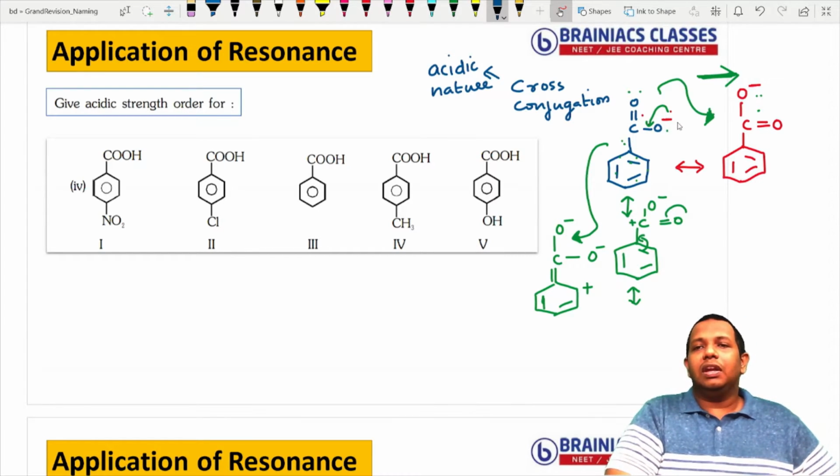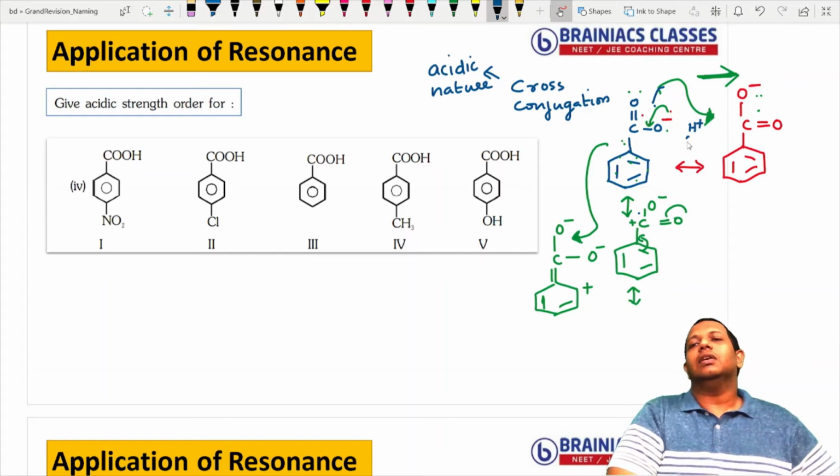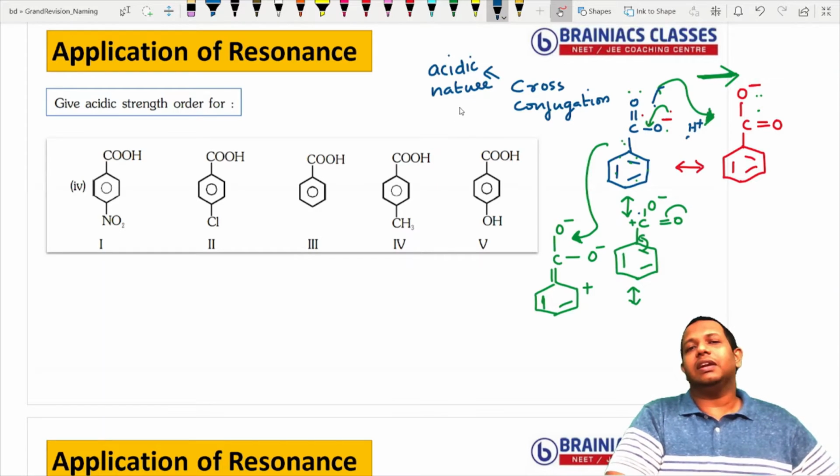Because if it exhibits resonance only in this way, it can release the H plus and it can become more stable like this. But since it can exhibit resonance also in this way, the stability of this species is less than this. So as a result of this resonating form, its stability is decreasing. So we say acidic nature will decrease because of the cross conjugation.